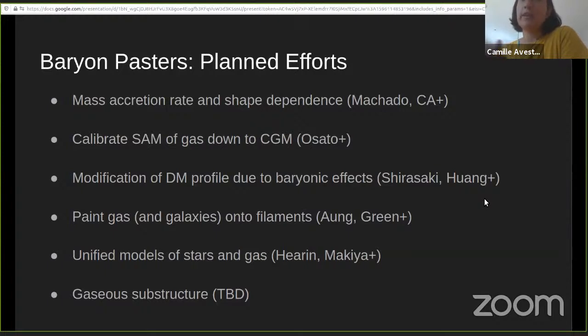And there's a number of other things like calibrating your SAM down of gas down to the CGM, because we've mostly been cluster focused. Painting galaxies onto filaments. That hasn't been done too much in terms of looking at what can be done in filaments. Unifying models of stars and gas, because a lot of times people just do individual ones, looking at gaseous substructures. Some folks are thinking about that, haven't really started.